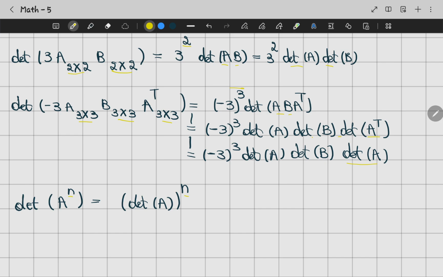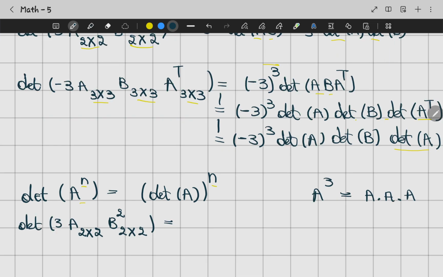Let's say for example we were tasked to solve this. Let me just give you a simple definition of A to the power of n. Let's say we had A to the power of 3. It's the same as A times A times A in terms of matrix. Let's say we need to solve the determinant of 3 times AB squared.